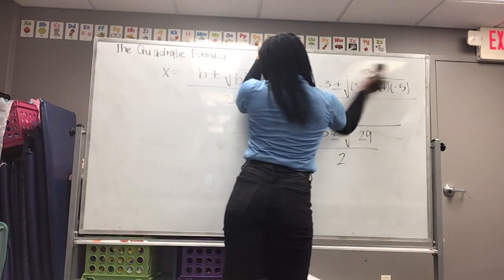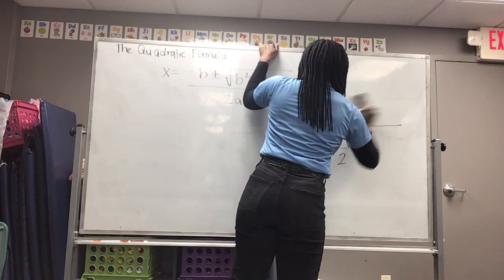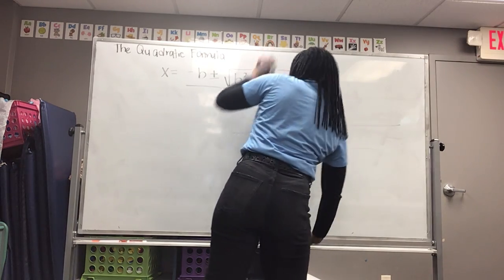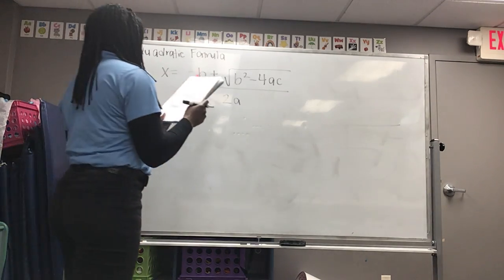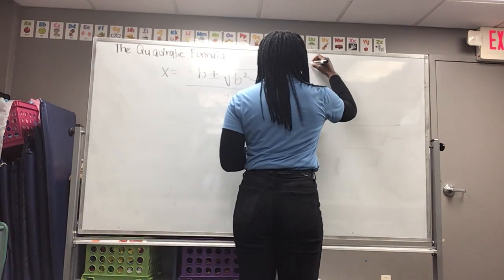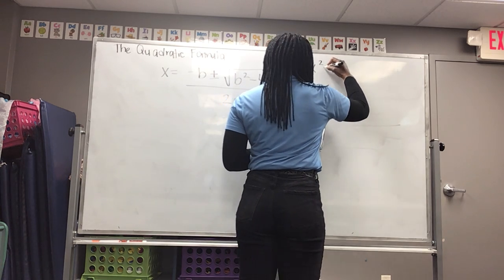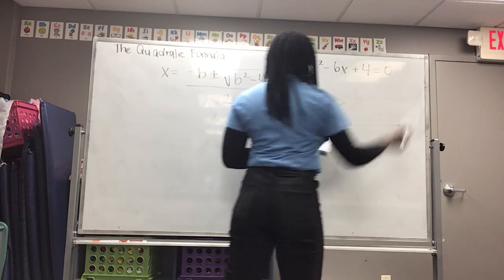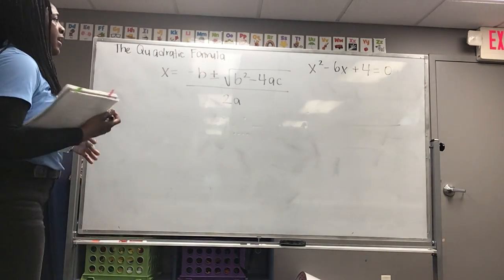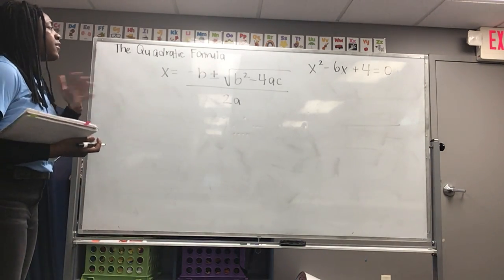I'll leave the quadratic formula up there. But let's say I want to solve, over here, x squared minus 6x plus 4 equals 0. So I'm just going to plug it into my quadratic formula.